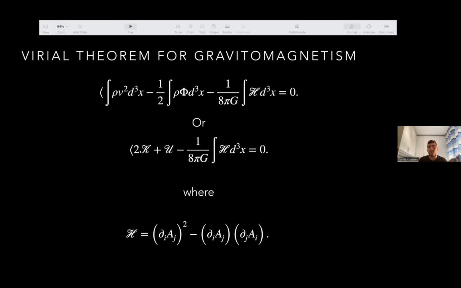H looks pretty complicated, but it is not. I'm going to show you later that it has a beautiful physical interpretation. We have 2K, 2 times the kinetic energy, plus the potential energy. I forgot the long time average here. Okay, it's just the usual virial theorem with another term.